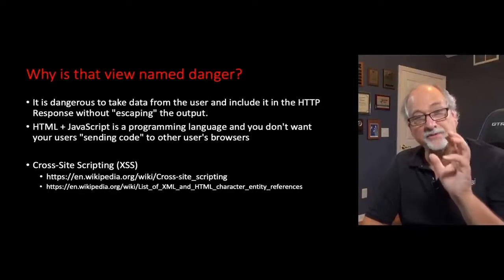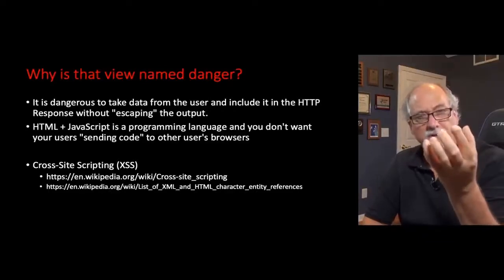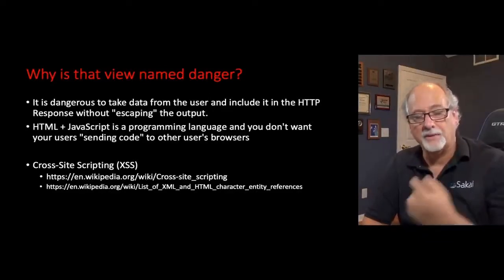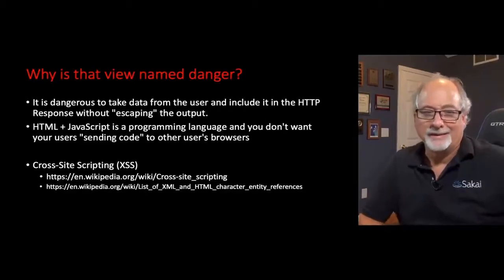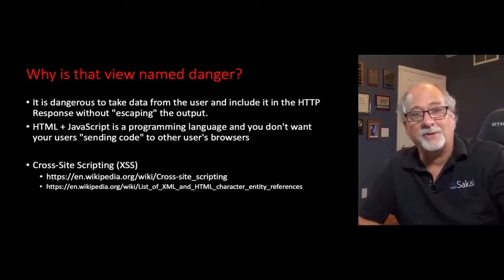If I take data straight from the user and put it back in the HTML response, well, HTML and JavaScript are programming languages. Your browser is being programmed, and that means that a user typing data into your system can program the browser.